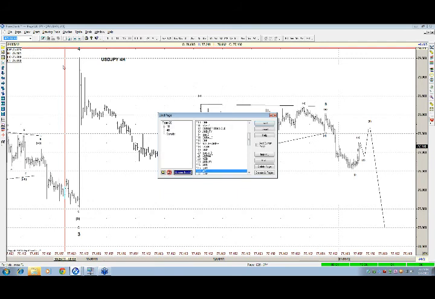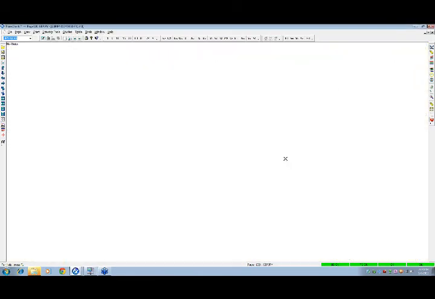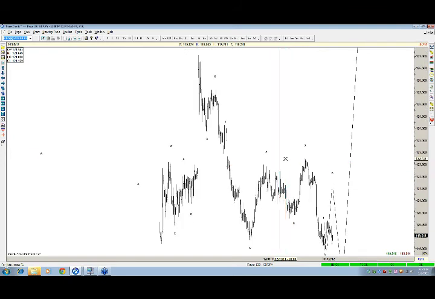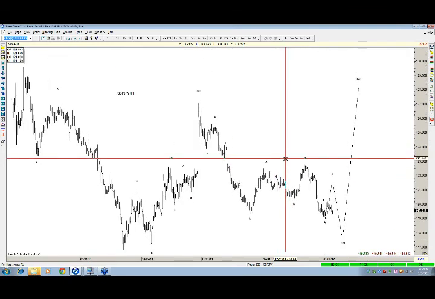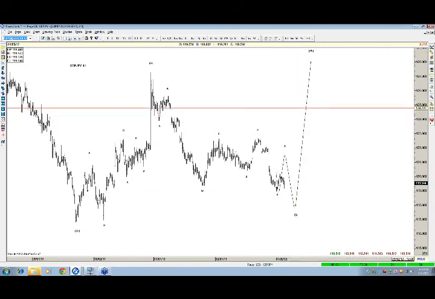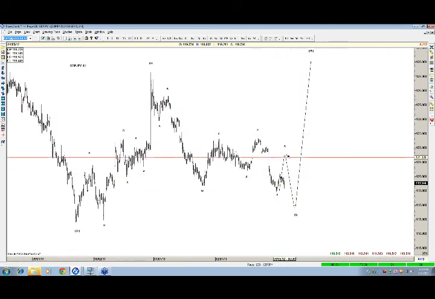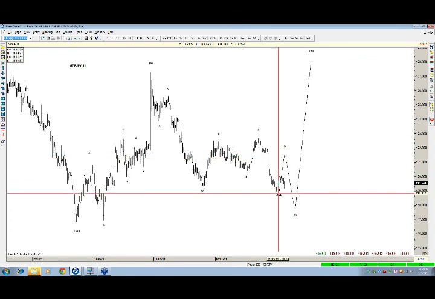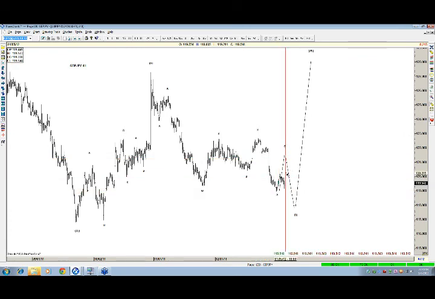Now, dollar yen, let me see the Aussie yen. Okay, another pair with the same structure. This is the pound yen, which again, it looks like it did finish a cycle here and should get weak.